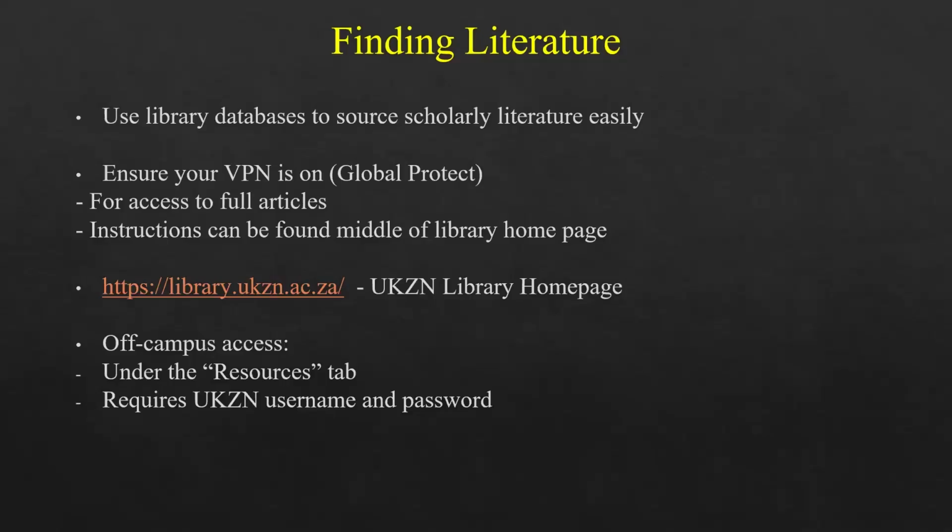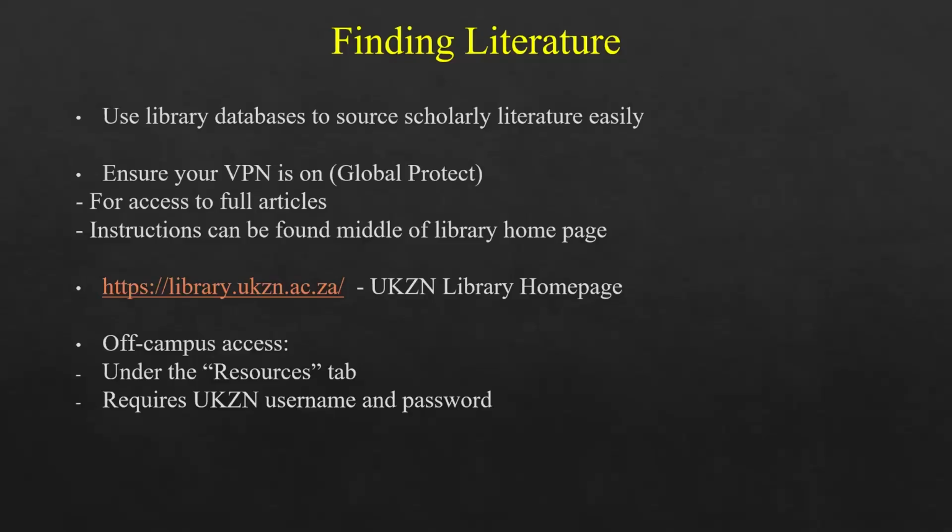It can be quite overwhelming when you're first starting a literature review, and students will sometimes just use Google to find information. So I always tell them, avoid this, because Google pulls up different sources of information, and not all of them are academically valid. Not all of them are academically relevant.